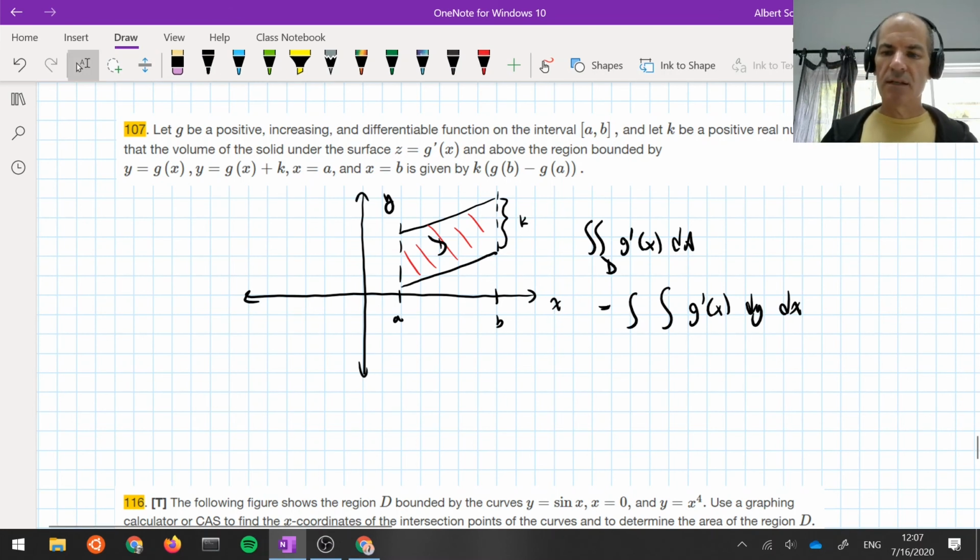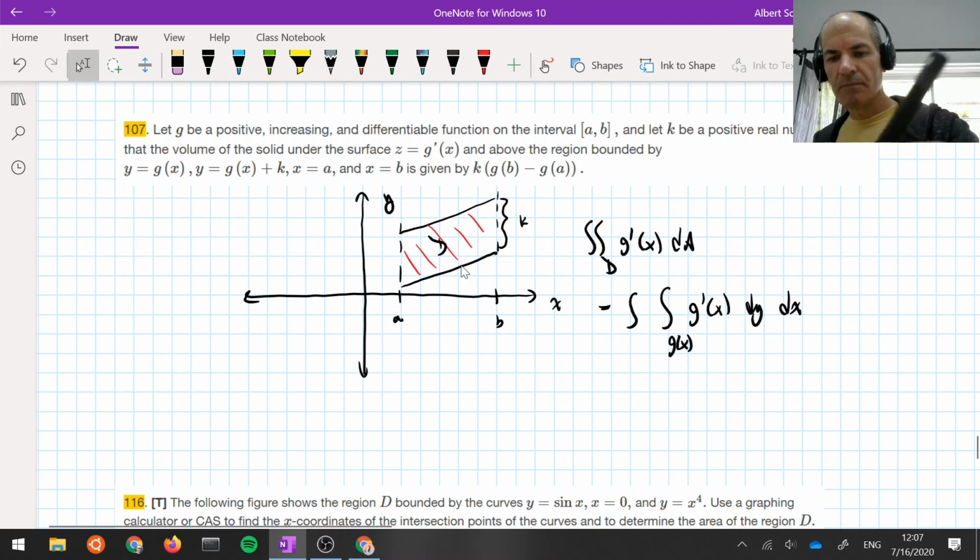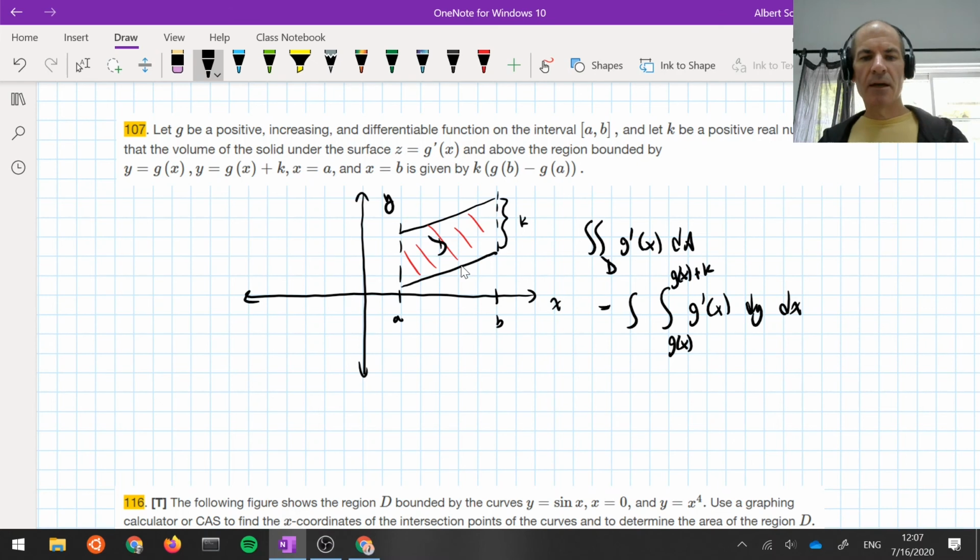The limits in the y direction go from the lower curve, g of x, to the upper curve, g of x plus k. And if we took this region and smushed it down onto the x-axis, what interval would we get? We would get the interval from a to b. So we've now successfully built this integral.